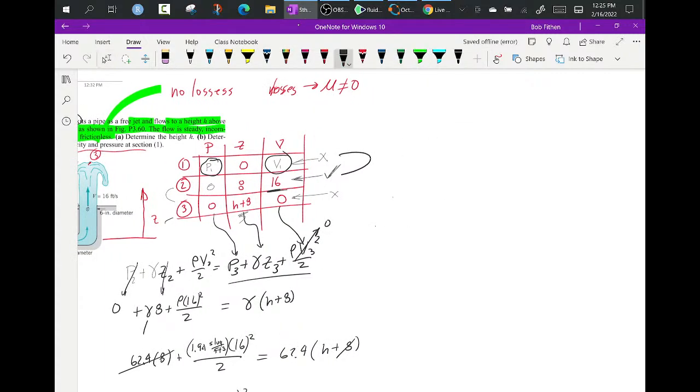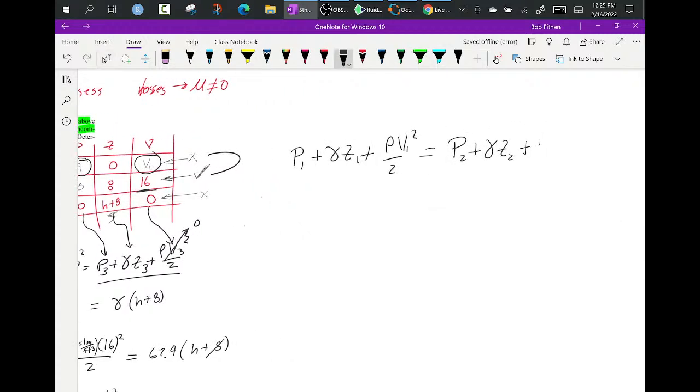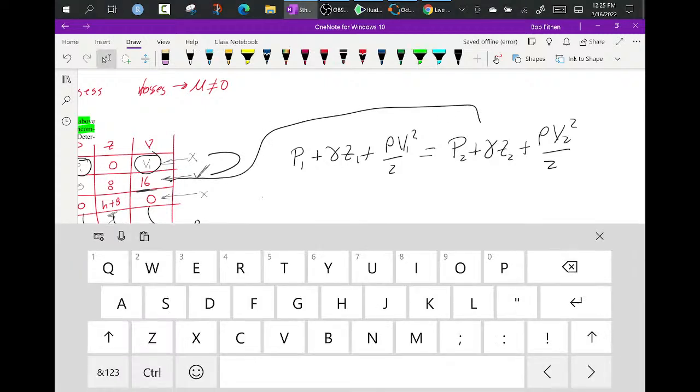So I'll just write them: P1 plus gamma Z1 plus rho V1 squared over 2 is equal to, and I'm just going to go straight for 2, P2 plus gamma Z2 plus rho V2 squared over 2. So all I do is take the values over here.